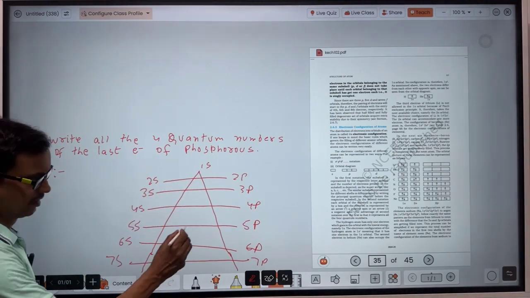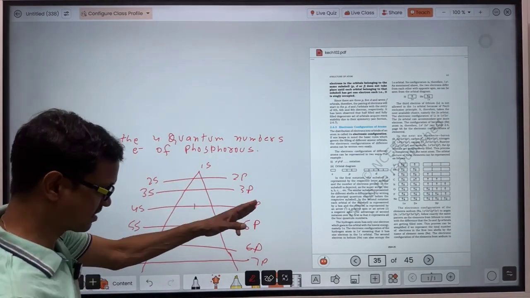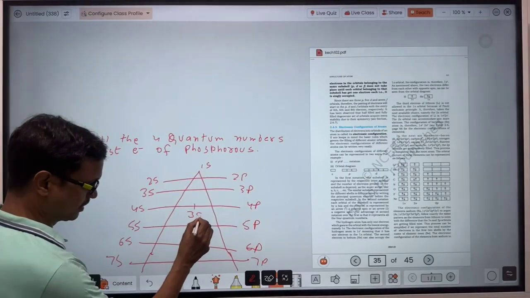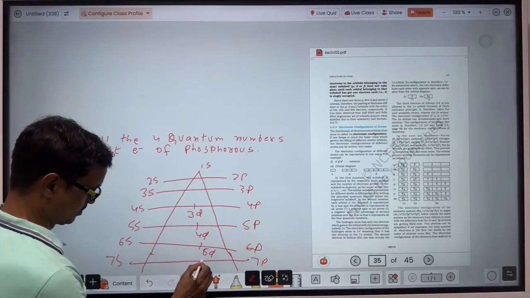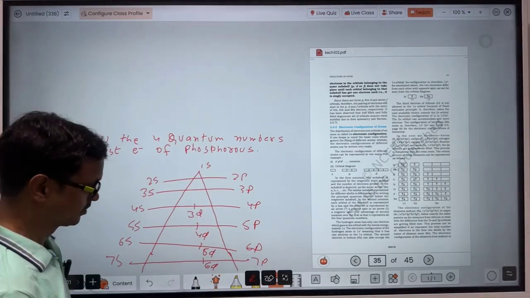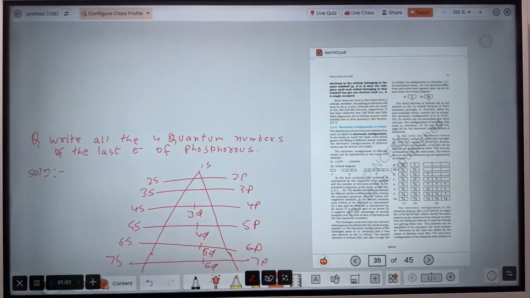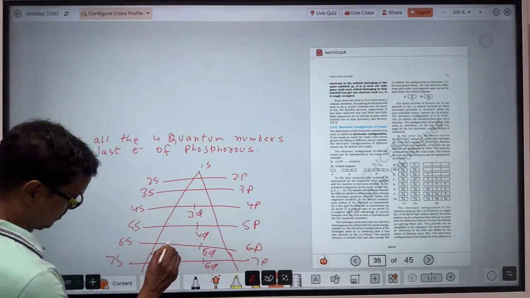After two lines, there will be the d subshell. So there is 4s, 4p, between them there will be 3d. After these two lines, again there will be 4f. So from 6s, the 4f will start.